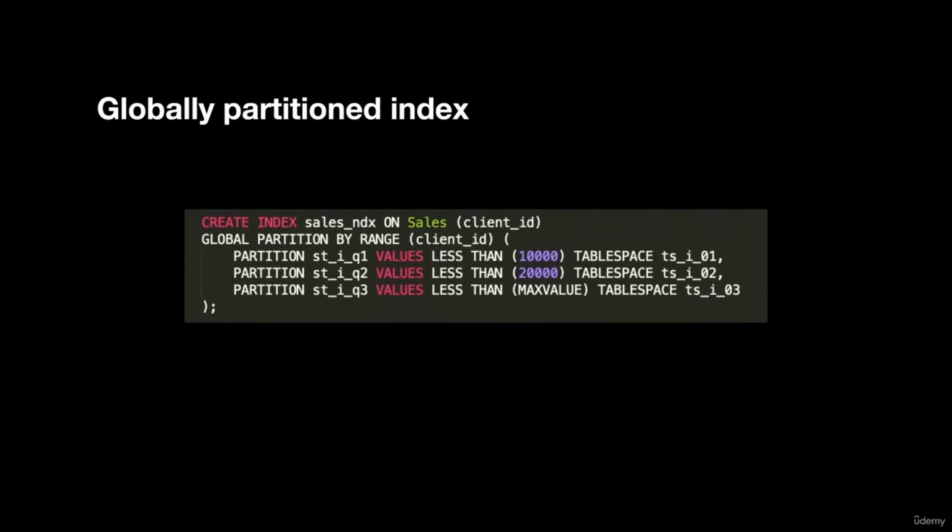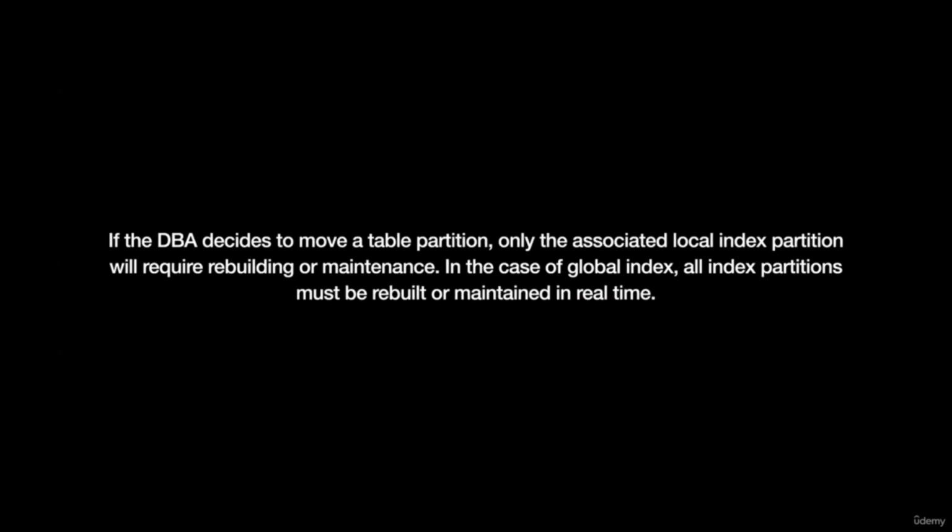Local indexes have certain properties that make them the best choice for most data warehouse implementations. Local indexes are more flexible when it comes to partition maintenance operations. If the DBA decides to move a table partition, only the associated local index partition will require rebuilding or maintenance.